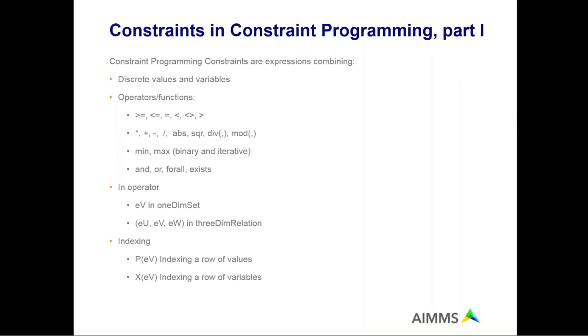Finally, something we cannot have in mixed integer programming either is that we can index and use a variable to do the indexing of a sequence of constant values or even in a sequence of variables. And of course, that is the if-then or the if-then-else type of constraint.